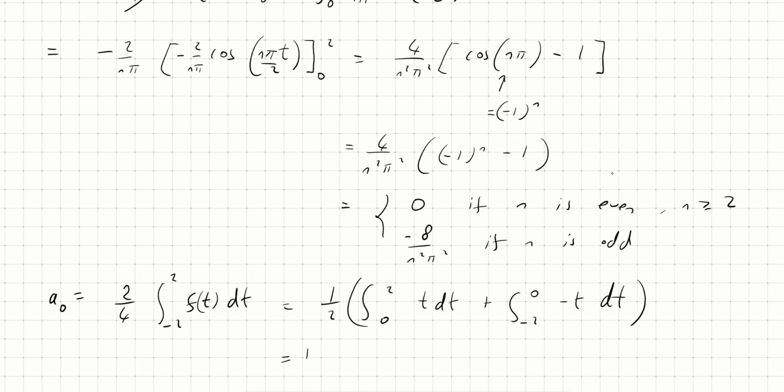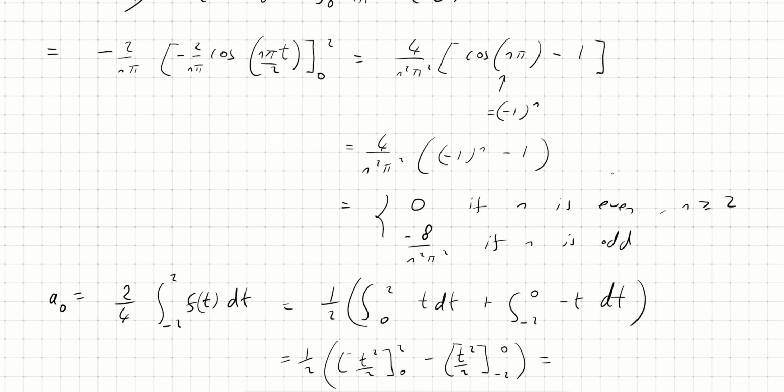which is a half, t squared over 2 between 0 and 2, minus t squared over 2 between minus 2 and 0.